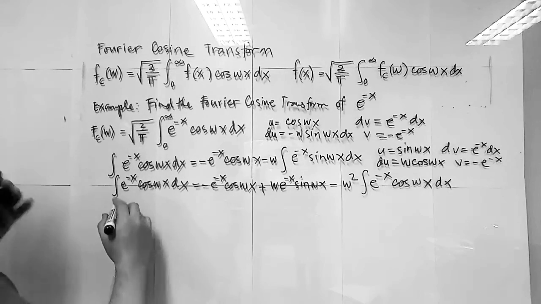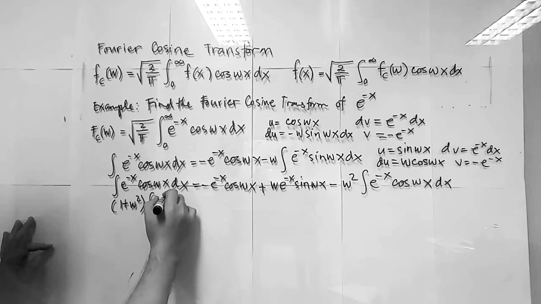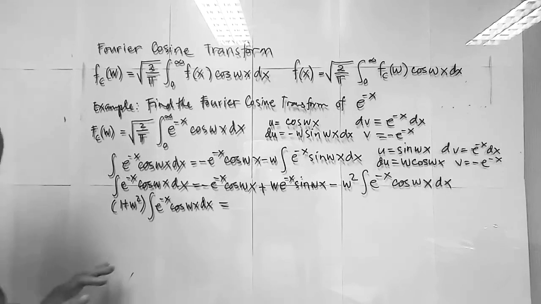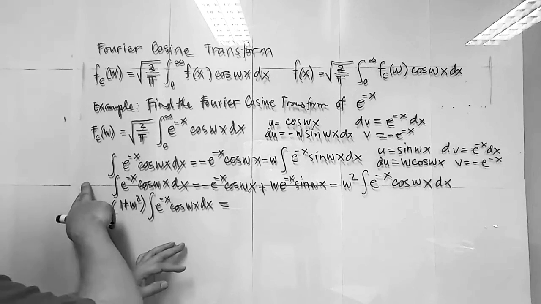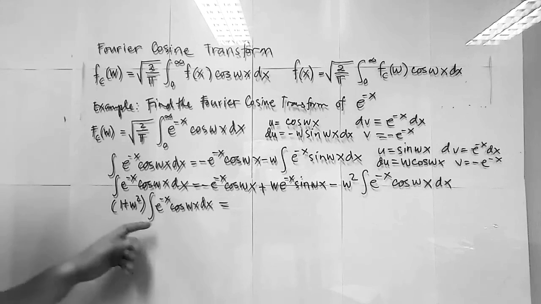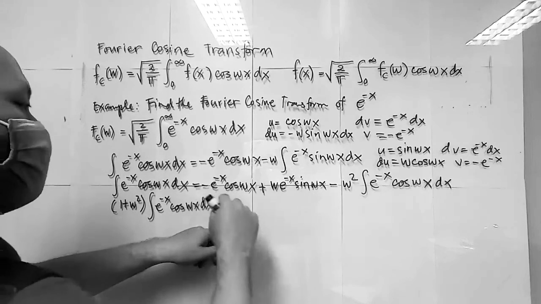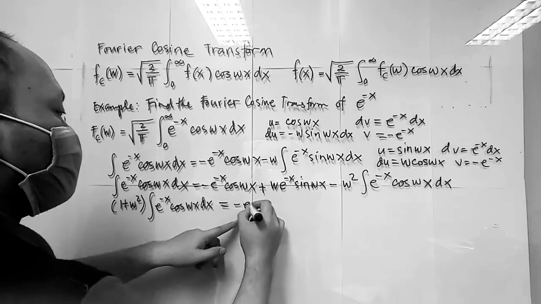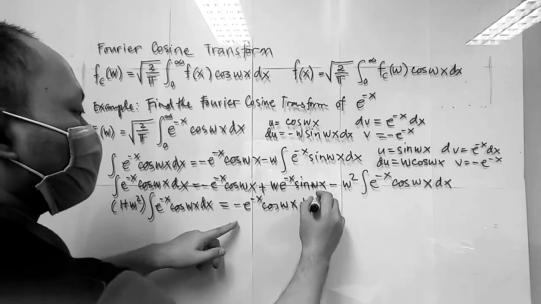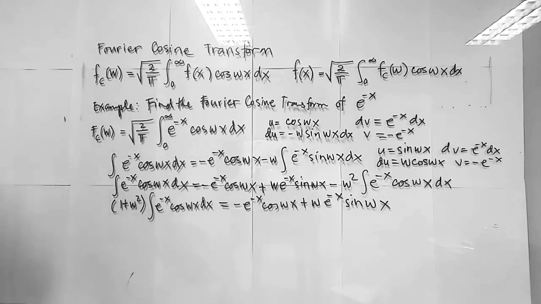That becomes 1 plus w squared times the integral of e negative x cosine wx dx, and you have your common term: negative e negative x cosine wx plus w e negative x sine wx.